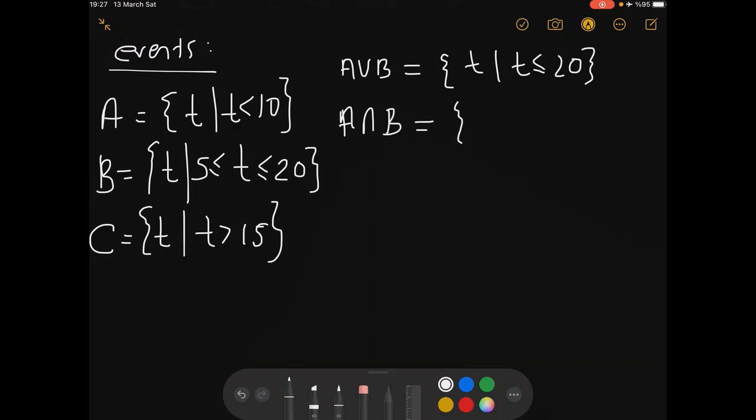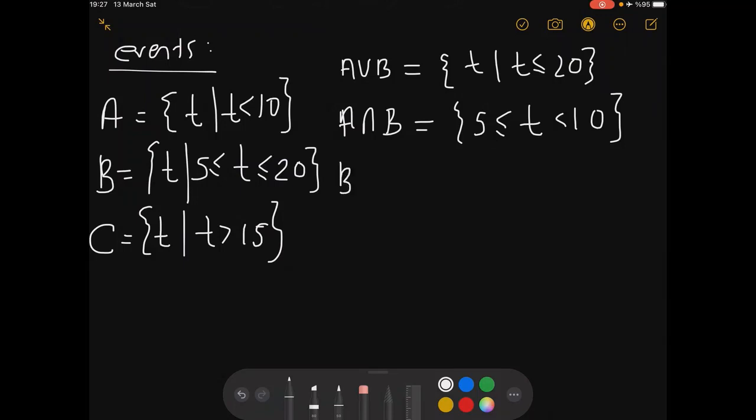Okay, A union B is something like this, you see, from here. And what would be A intersection B here? Think about it, it should be between them. Okay, it should be something in between. Okay, 10. Something like this.